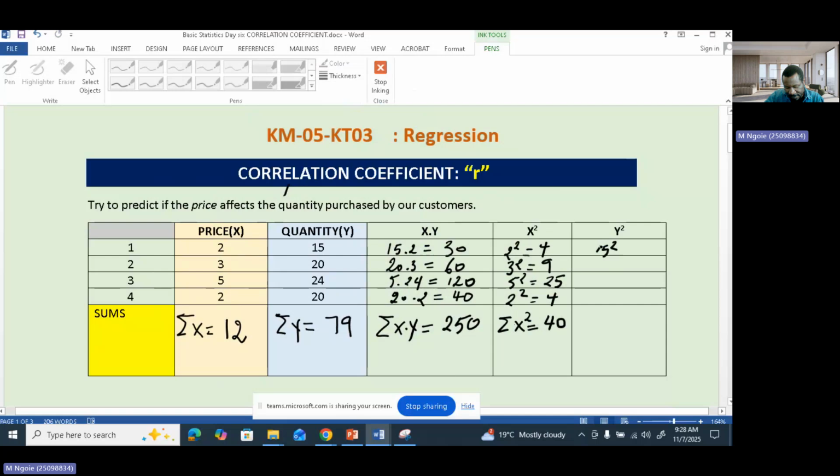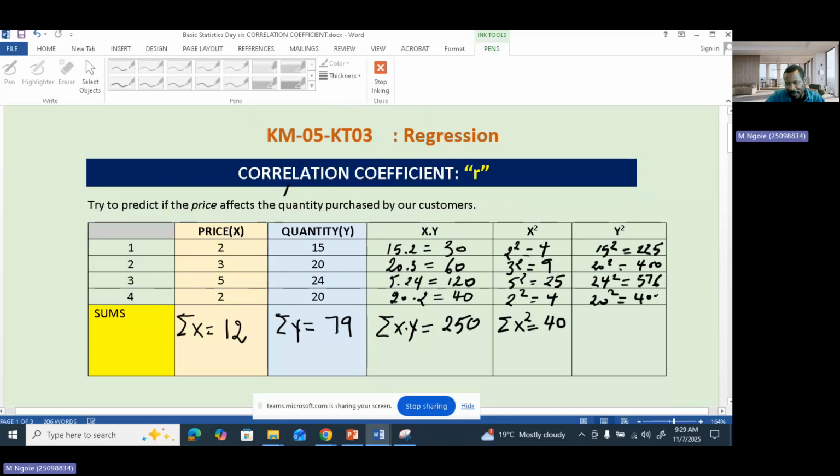15 squared, that's going to be 225. 20 squared, that's going to be 400. 24 squared, that's going to be 576.